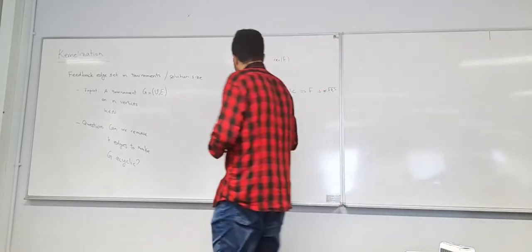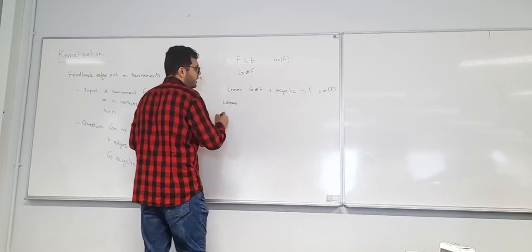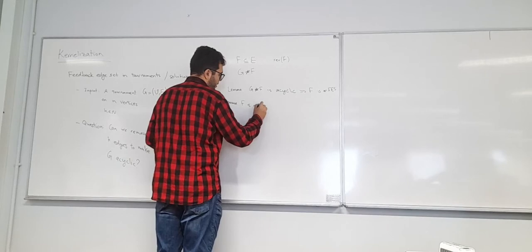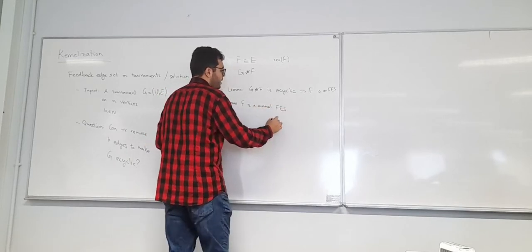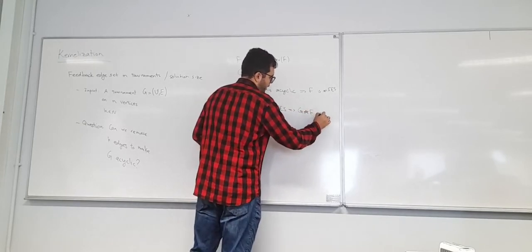So this is my second lemma. My second lemma is that if F is a minimal feedback edge set, then G star F is acyclic.